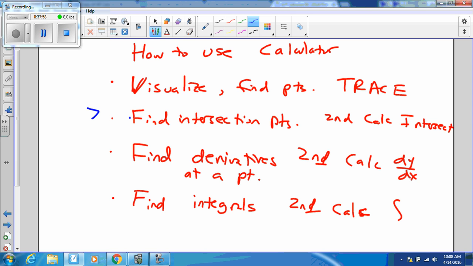If it doesn't say intersection at the bottom of your calculator, it's not an intersection point, even if the cursor looks like it's close. So it must say intersection in order for it to be an intersection point. And if it's not, then don't trust that value.